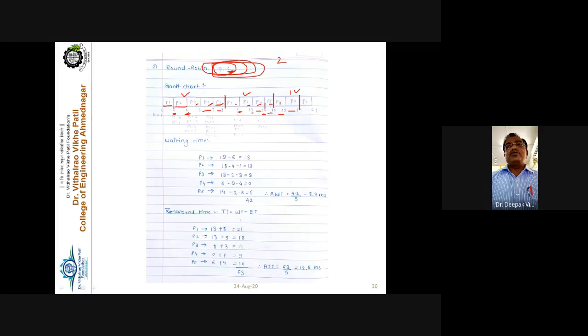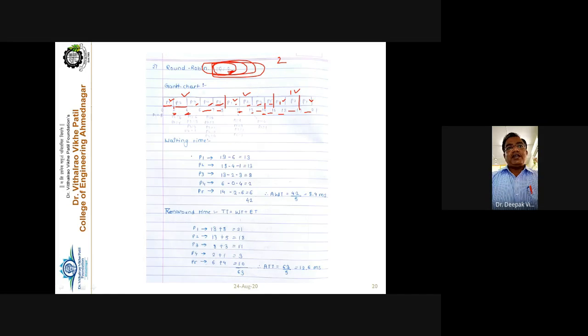And the only remaining process is P1. So from 19, it will execute. 19 plus 2, 21. So P1 is 2 plus 2, 4 plus 2, 6 plus 2, 8. So 8 milliseconds is the total execution time required for the process P1, right?